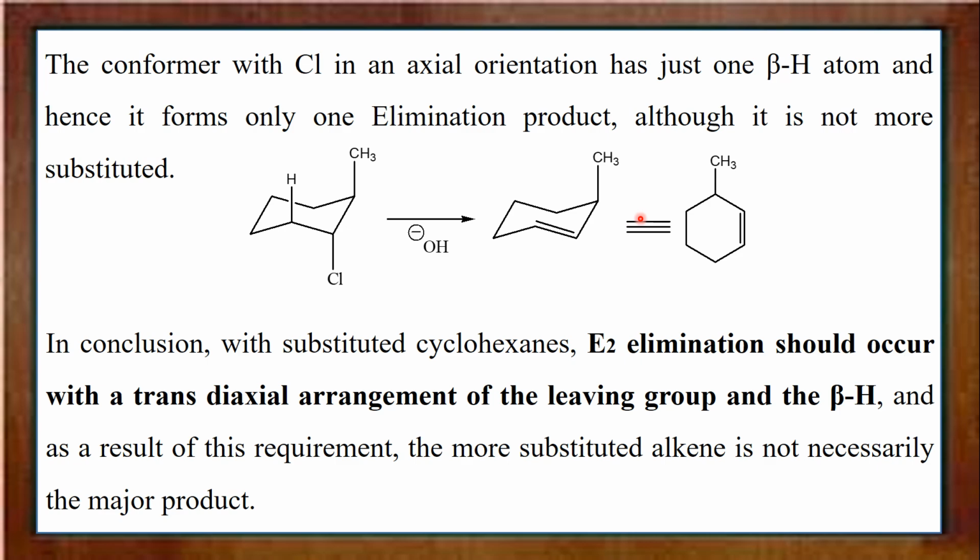So in conclusion, for E2 elimination reactions to take place, there should be diaxial arrangement of the leaving group and the beta hydrogen. So the leaving group and the beta hydrogen should be compulsorily diaxial. If the leaving group is oriented in equatorial direction, then the reaction will never go by E2 elimination. It will undergo elimination by some other pathways like E1 reaction.